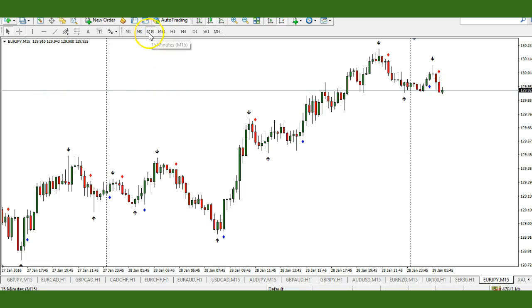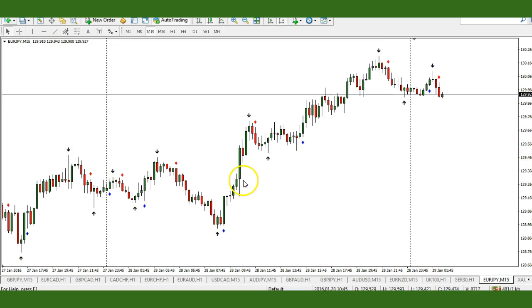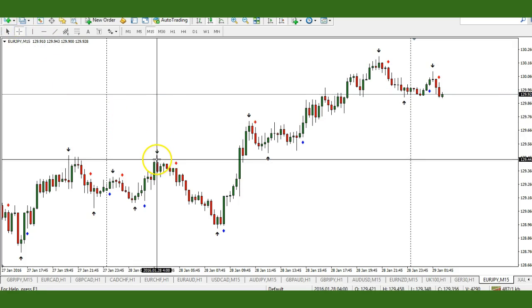So this is a 15-minute chart, and I'm going to show you what signals are ideal on any pair, on any time frame, but since we're just using a 15-minute chart in this tutorial, we'll focus on this. Now, the best signals are when the market has previously put in at least 50 pips or more.